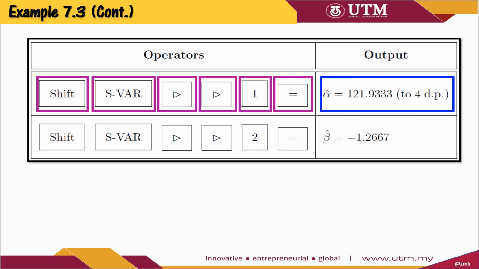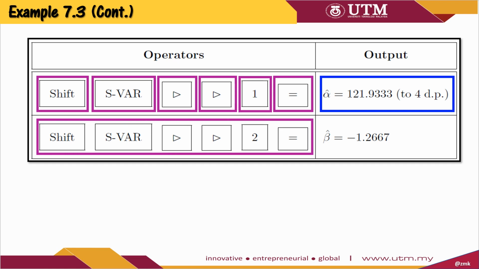You can also try to find the estimated beta value denoted by capital B in the calculator by pressing these operators, which should give you the estimated beta value equal to negative 1.2667.